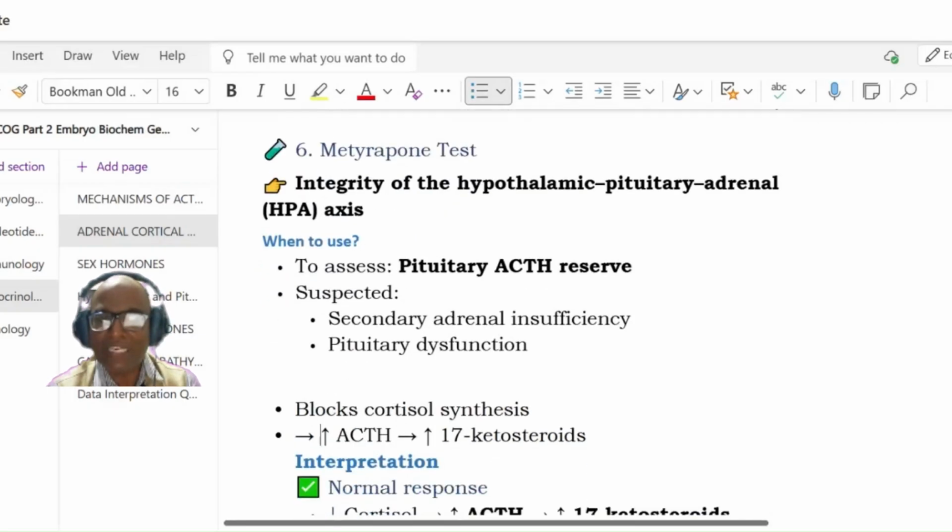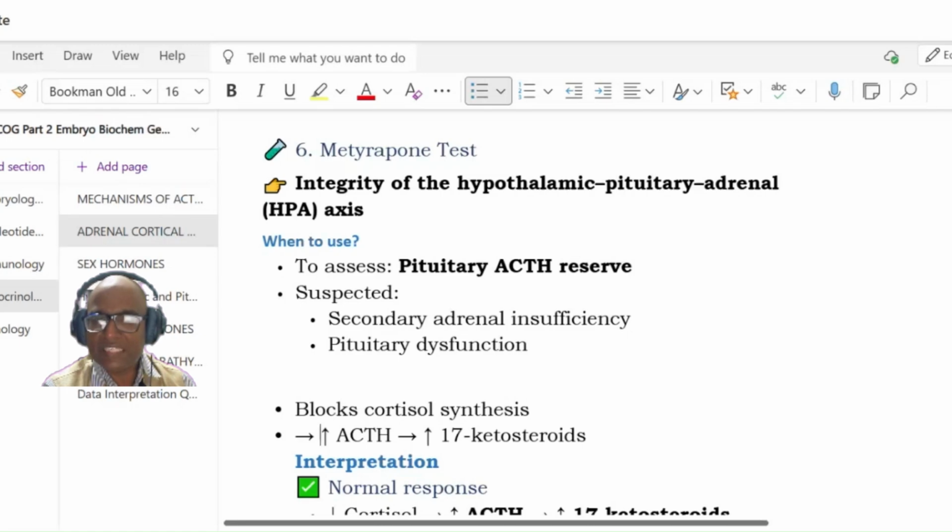Next test is the Metyrapone test. Okay, so what does this Metyrapone test do? The Metyrapone test will detect the integrity of the hypothalamo-pituitary adrenal axis. So this HPA axis integrity is checked by the Metyrapone test, to assess the pituitary ACTH reserve. When to do it?